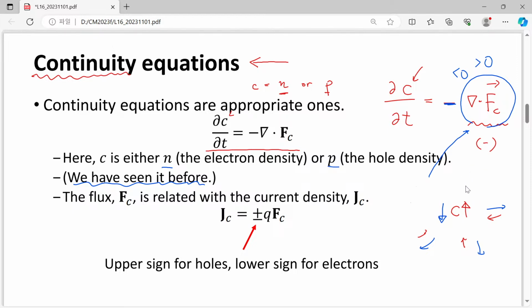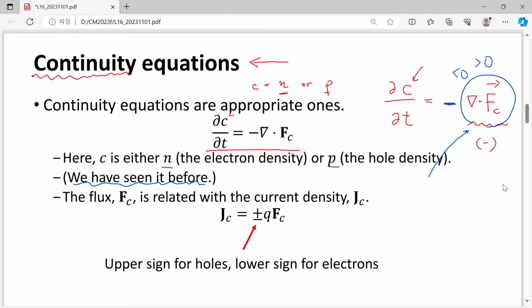Of course, as I told you before, this continuity equation itself is quite general, not only in device simulation, not only in process simulation. If there is a certain phenomenon related with counting numbers or counting the density, then the continuity equation is always involved.